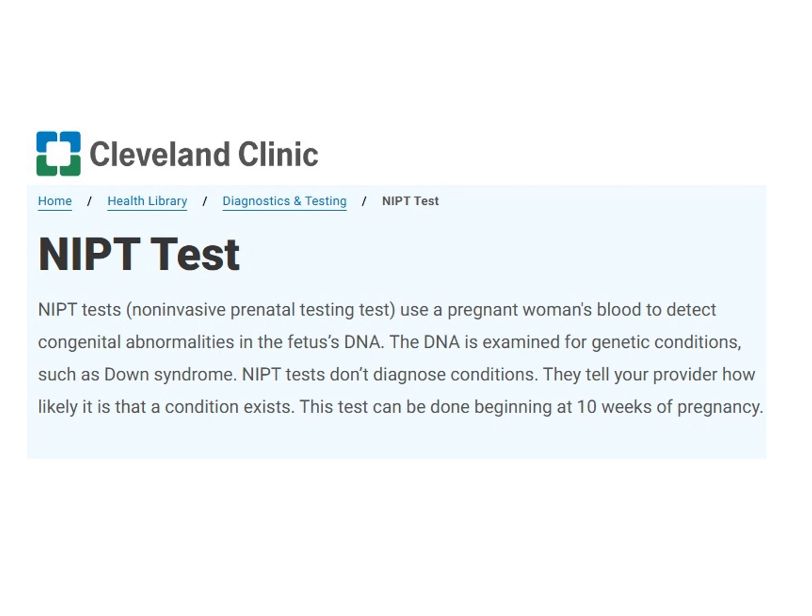So the most common test nowadays, because it's much safer and because the molecular biology is getting so much stronger, is what we call non-invasive prenatal testing. What we have learned is that during pregnancy, the fetus will actually shed DNA that will move into the mother, and even entire cells.